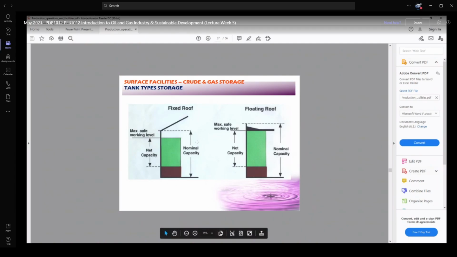It depends on what type of storage we are going to recommend, whether this is a fixed roof or a floating roof. Fixed roof means the capacity cannot be changed. That is the maximum capacity. But the floating roof means it can move up and down based on the requirement, right? These are some types of tanks we use for storage.